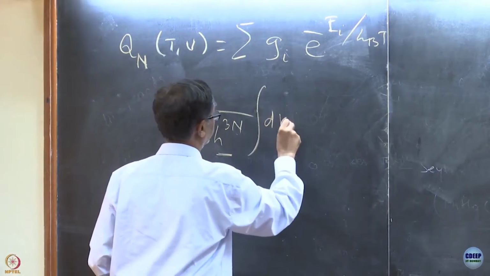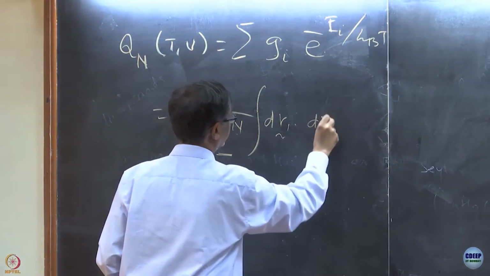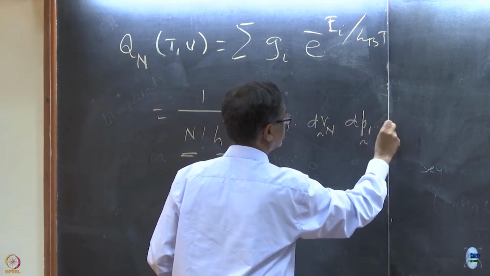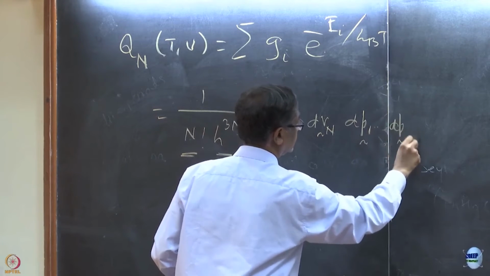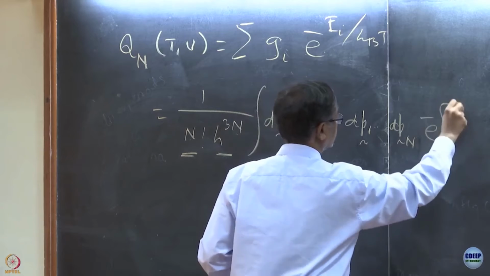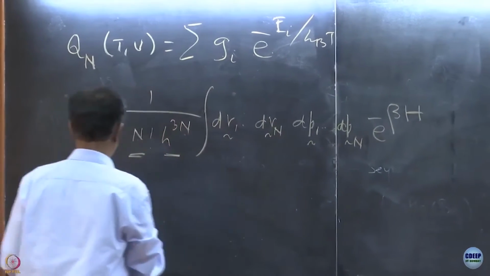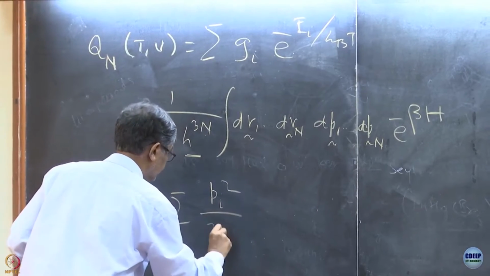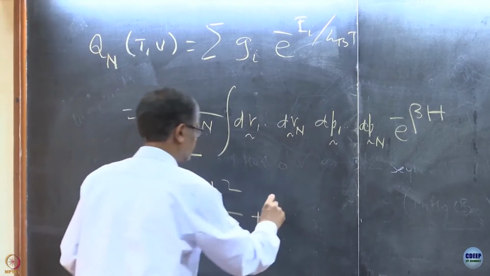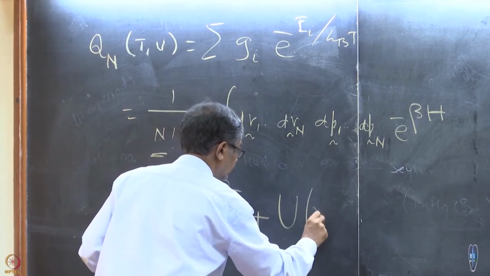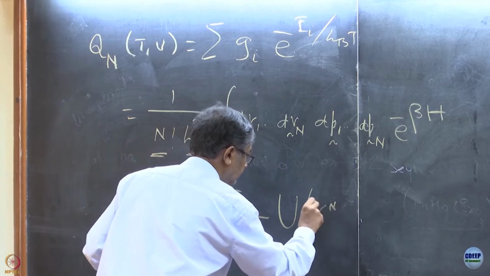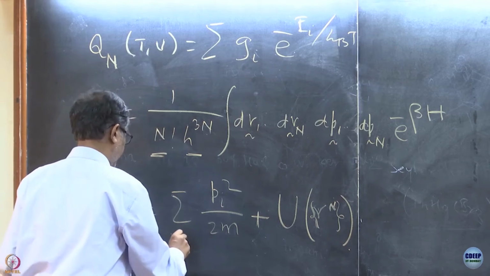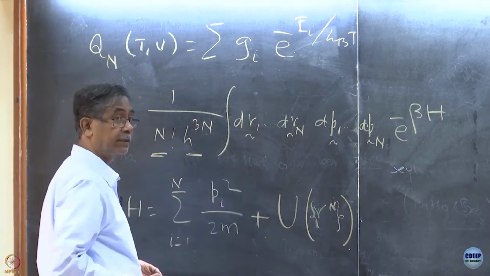And the Hamiltonian, this is the total Hamiltonian, kinetic energy and potential energy, okay.